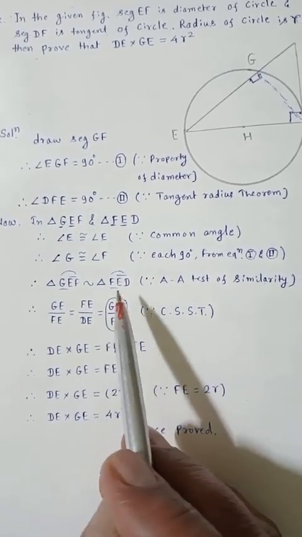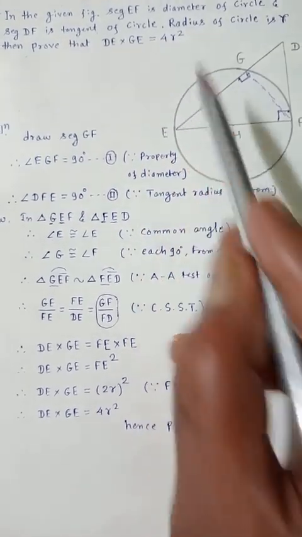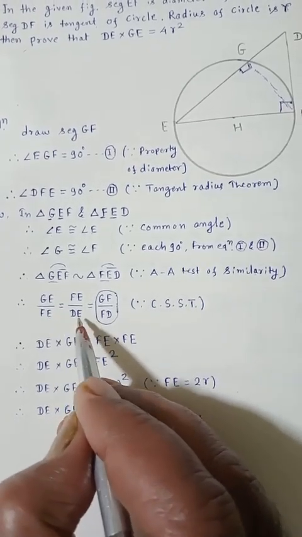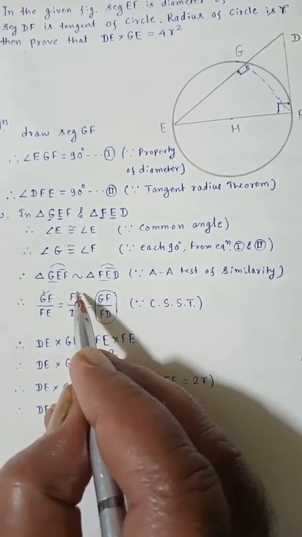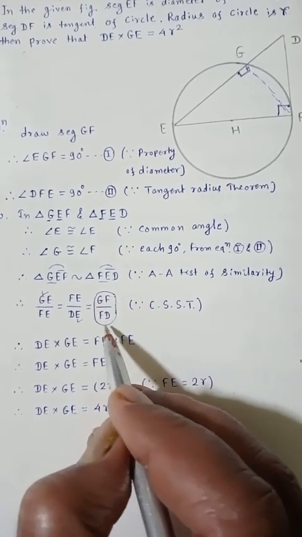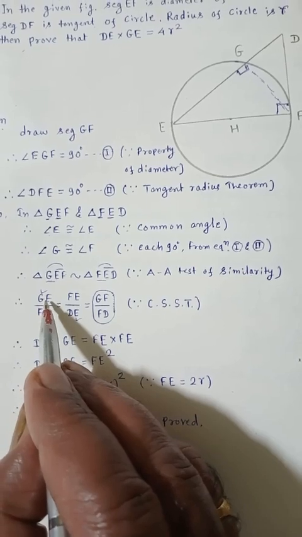Now in the proof, D into G is equal to 4R square. Therefore, neglect this ratio.